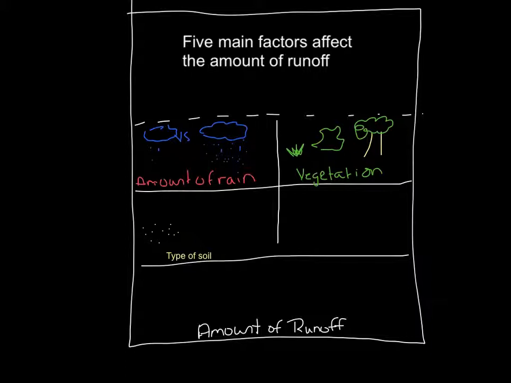The water is just going to permeate through the soil. It's just going to go down into the soil. But if I have clay, the water is really easily going to run off the soil. So the type of soil makes a difference about how well water runs off the land. Also, you have the shape of the land.